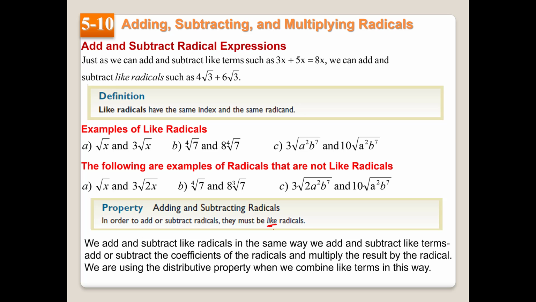In other words, we can take the understood 1 here, so we can take a 1 plus a 3, that is our coefficient, and it gives us 4, and we multiply it times the radical, which in that case is square root of x. So don't let the wording confuse you. We'll go over some more examples. We're using the distributive property when we combine like terms in this way.